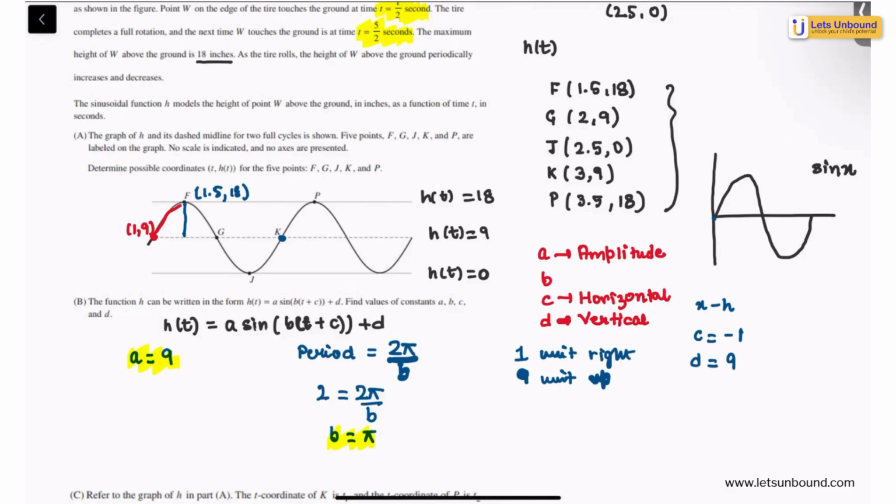Therefore, my sinusoidal function h(t) can be written as 9 sin(pi(t - 1)) + 9, where the minus 1 shifts it to the right, and plus 9 shifts it upwards. So this is the sinusoidal graph I have modeled using the information given.